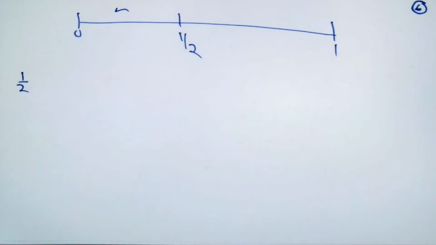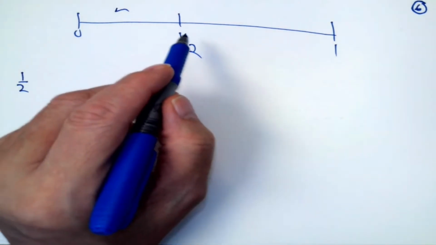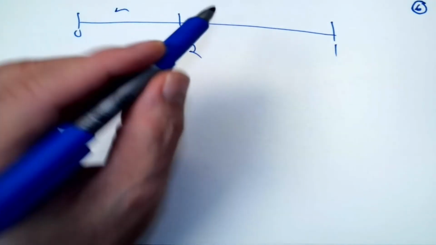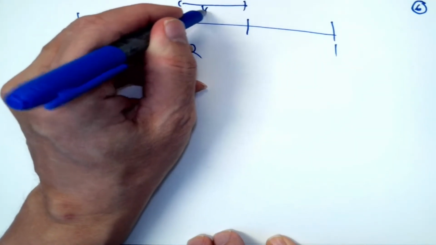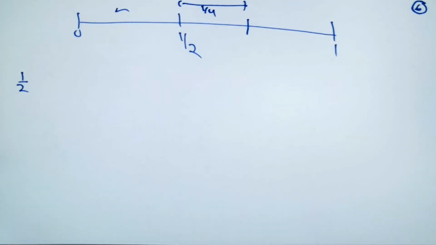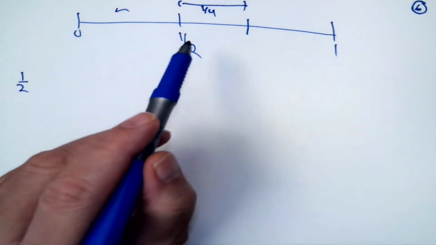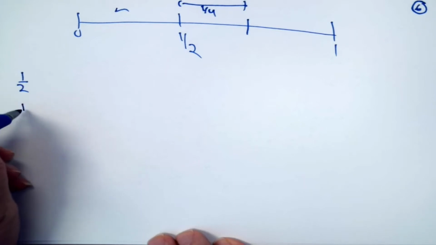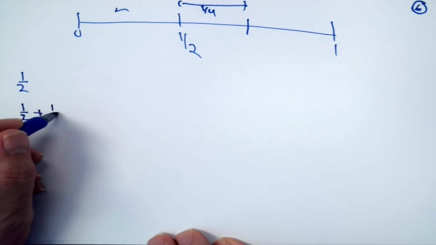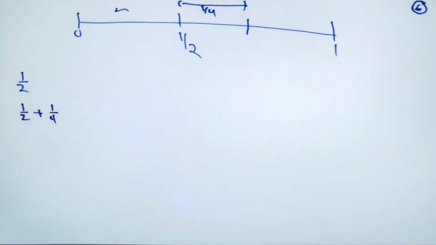I have half of a mile remaining to walk, but before I can walk this remaining half of a mile, I have to walk a quarter of a mile to get to the middle of my trip to the end. So I would have to use up that much time.